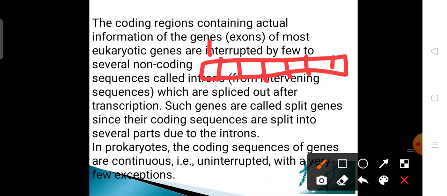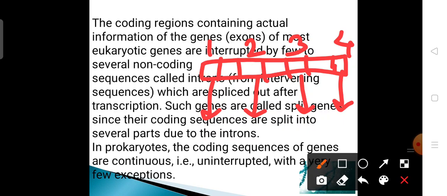Say, for example, number 1 is an exon, number 2 is an exon, number 3 is an exon, and number 4 is an exon. These are the actual coding regions which are going to take part in protein synthesis. The information required for synthesis of protein is stored in coding region 1, exon 1, coding region 2, exon 2, coding region 3, exon 3, and coding region 4, exon 4.